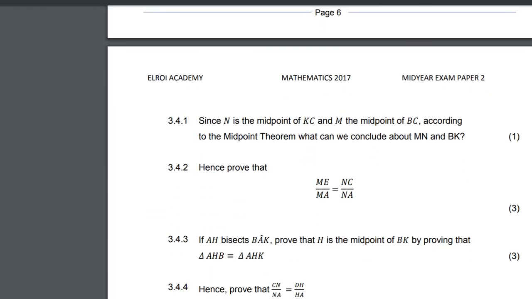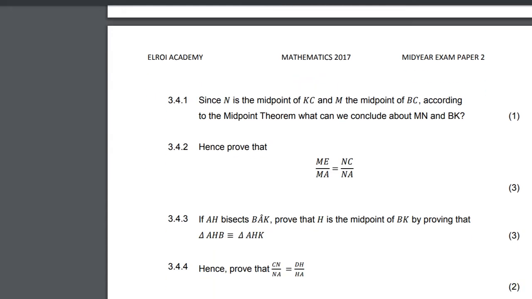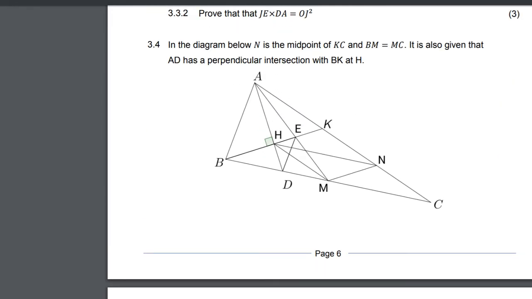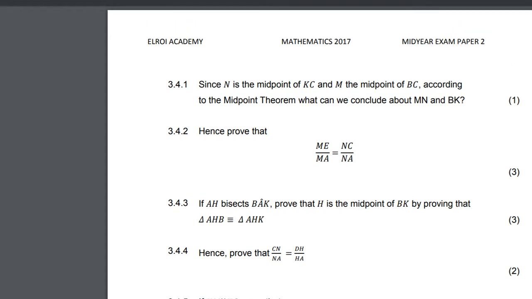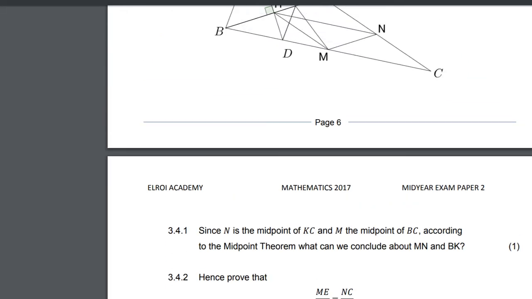Again, not too difficult. If H bisects BAK, so in other words, if AH bisects, it cuts this one and that one in half, prove that H is the midpoint of BK by proving that those two triangles are congruent.